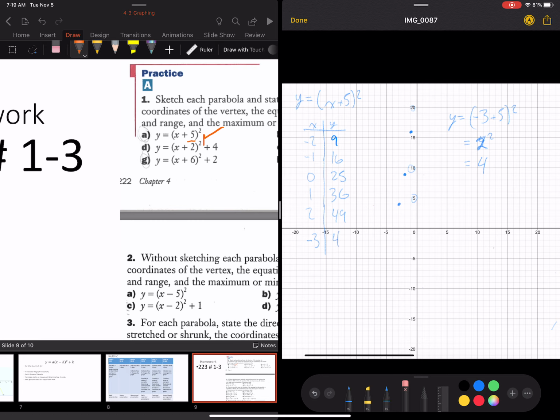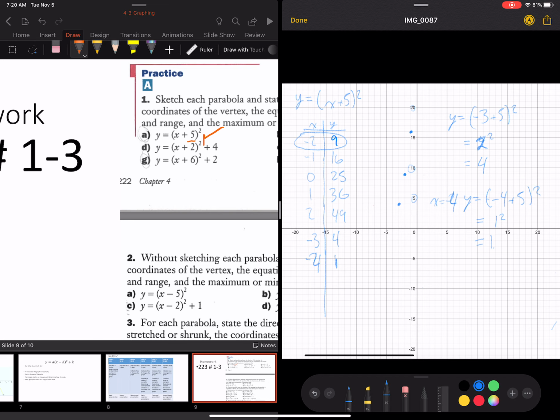Let's put another point. Minus 2, oh, I did minus 2. I should do minus 4. Minus 2 is right there. When x is minus 4, y equals minus 4 plus 5 squared, which is 1 squared, which is equal to 1.